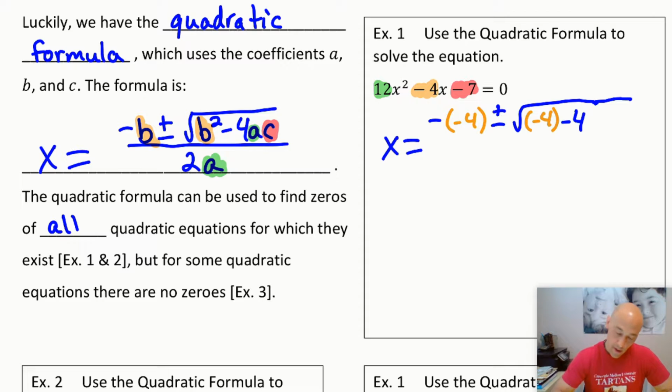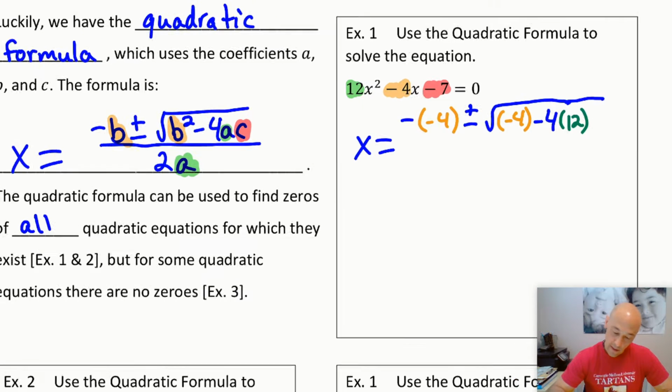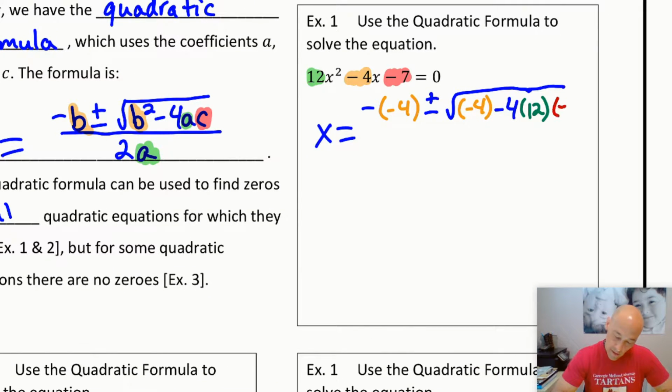Minus 4 times a, which is 12, times c, which is negative 7. And you want to make sure that the square root goes clear over the top of all of those. And that's all over 2a, and again, a is 12.